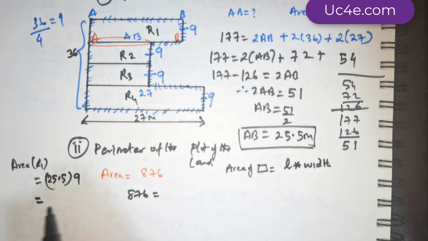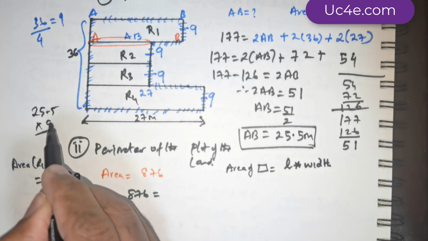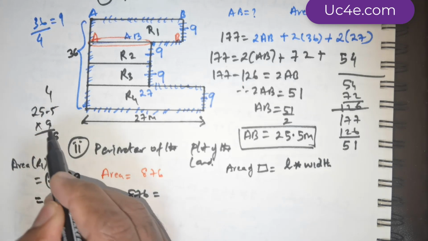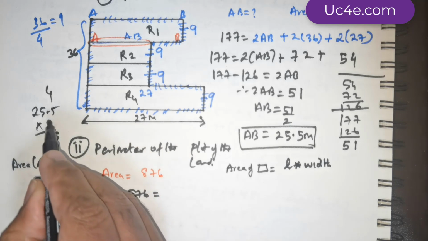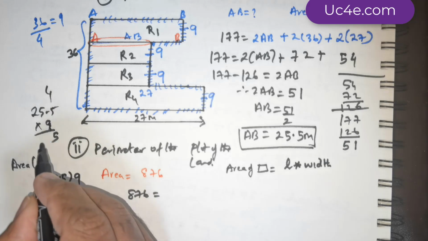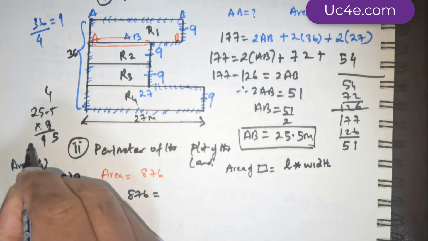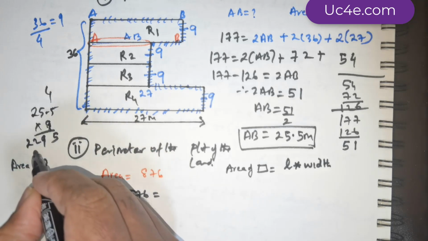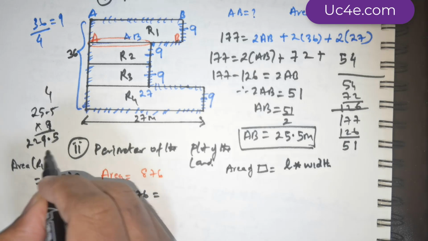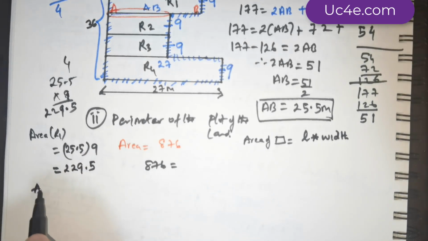So let me multiply that, 25.5 times 9. 9 5s are 45, 4. 9 5s are 45 plus a 4, that's 49, you carry 4. 9 2s are 18 and 4 is 22. So this is going to be 229.5. So this is placed here, 229.5.